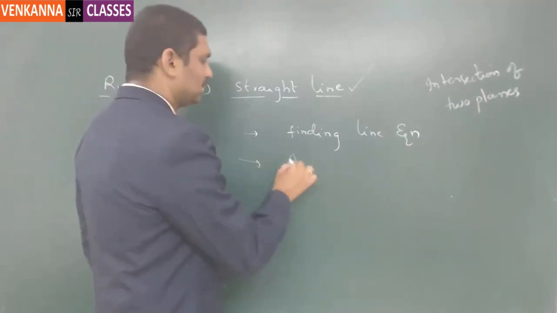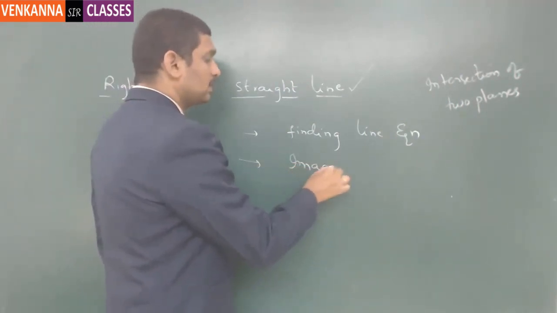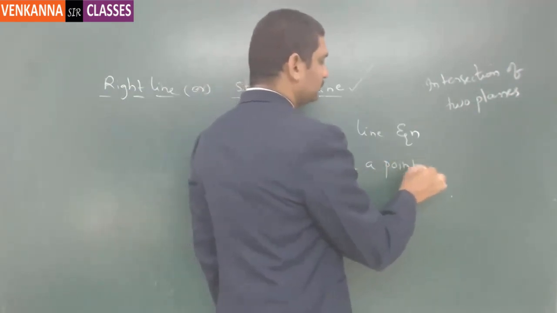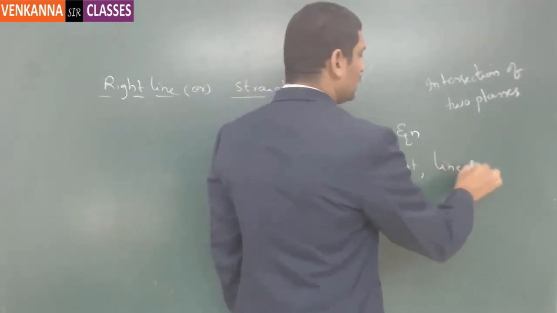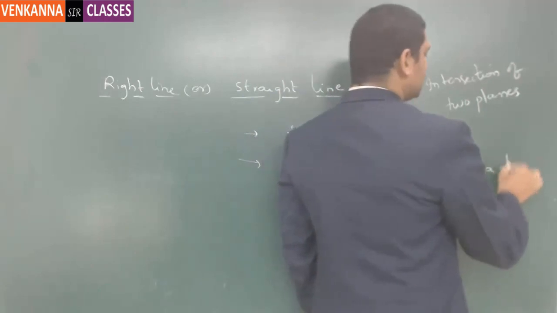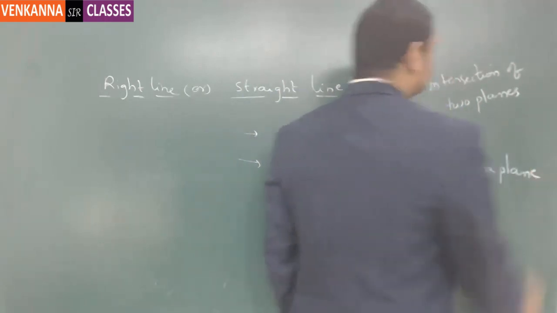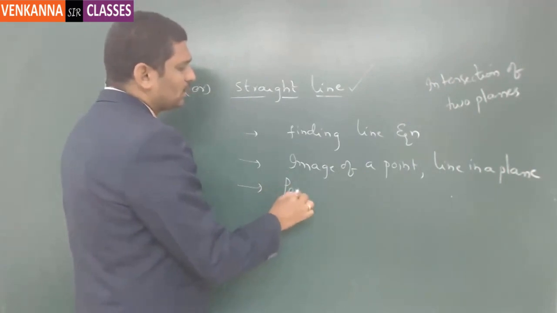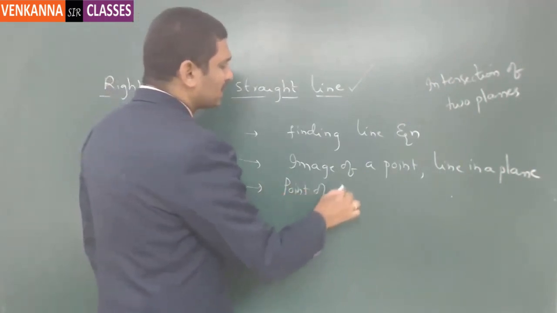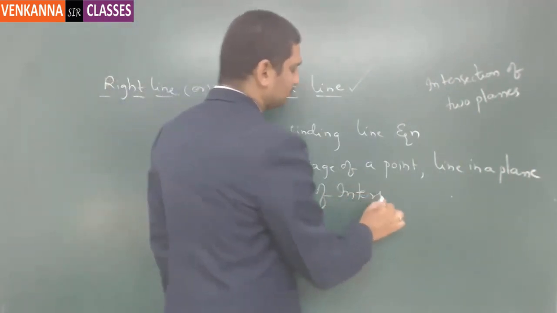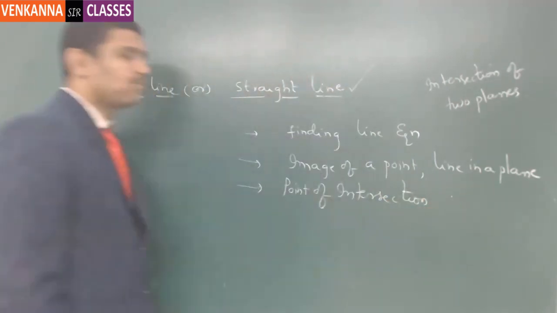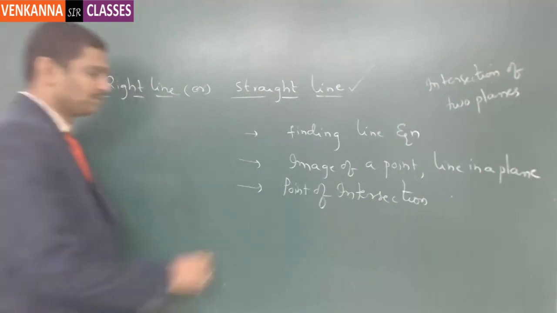Second one, image of a point and line in a plane. This is one small concept. Later we discuss about point of intersection of planes, nothing but point of intersection of lines.